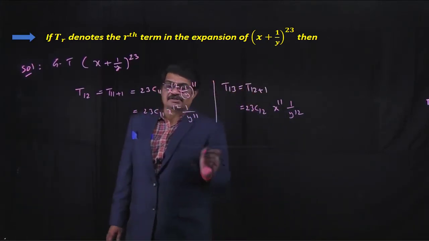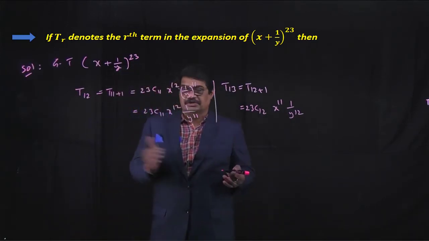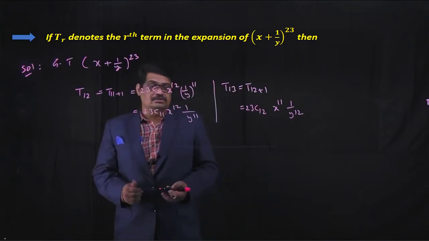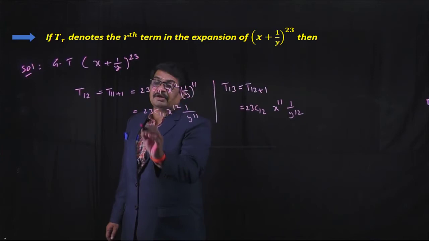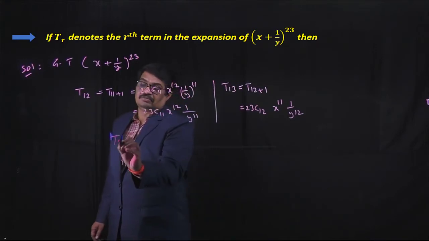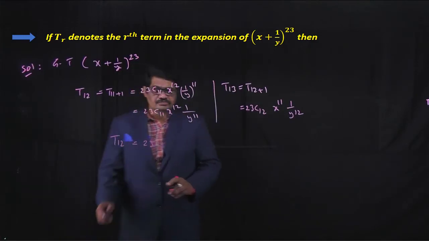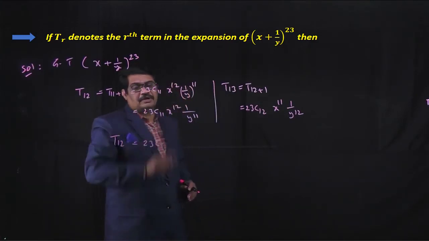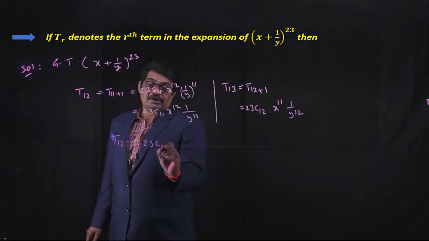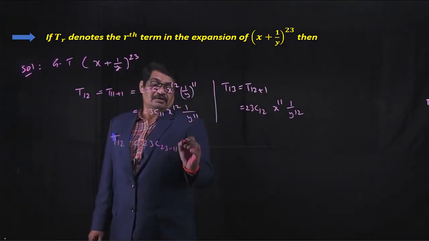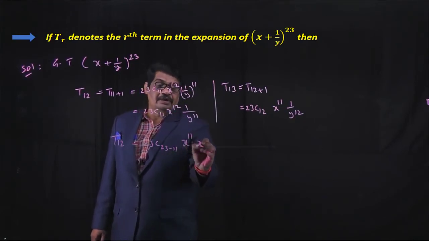Now what is the relation between T12 and T13? We want the relation between the 12th term and the 13th term. T12 is equal to 23C11, which can be written as 23C(23 minus 11). Here x to the power of 12 is x to the power of 11 into x.